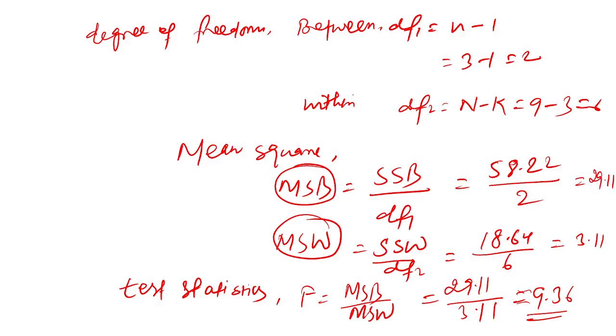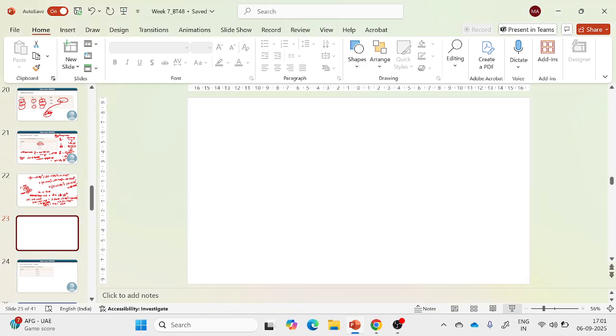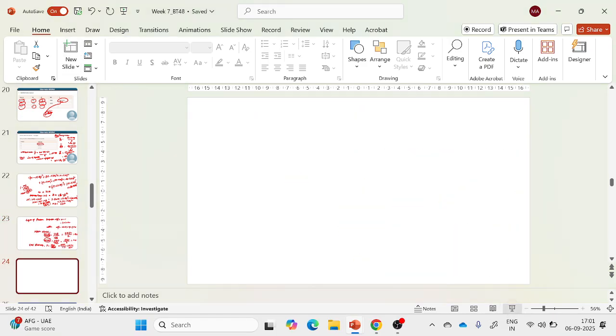Okay, so once you calculated the between the group, within the group, then total, then the mean squares, then we calculated the degrees of freedom, then we went to the F statistic. So the next idea will be to calculate the ANOVA table. So the ANOVA table will be made.